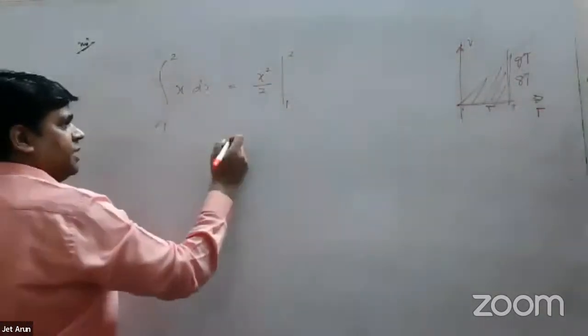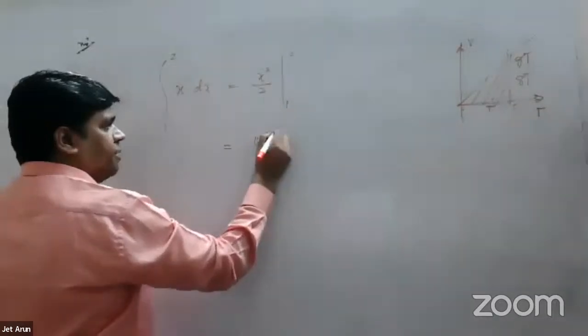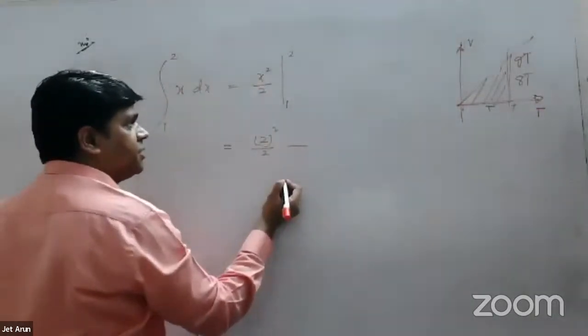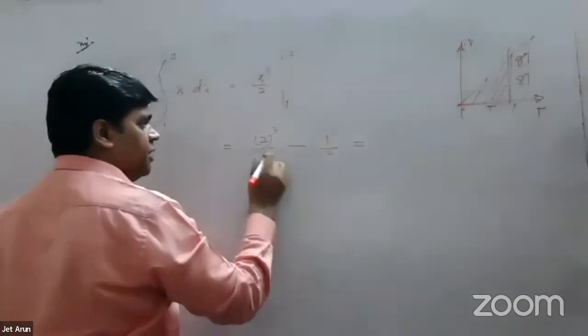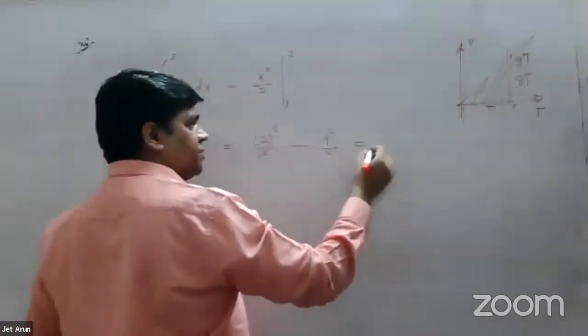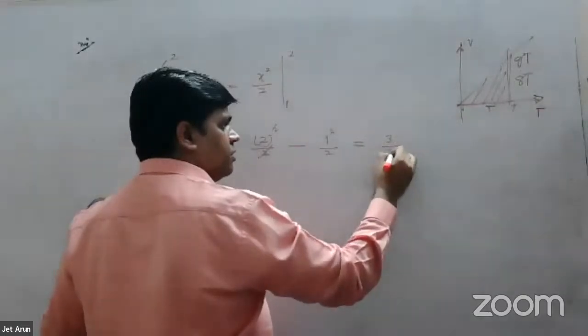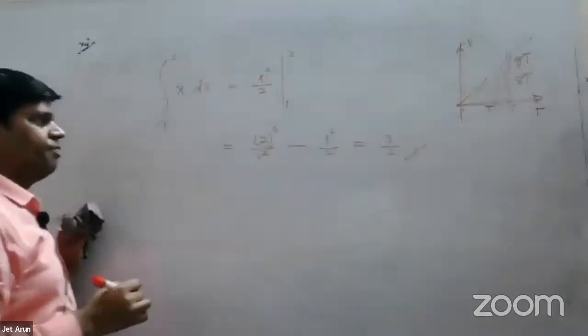So I substitute the upper limit first: 2 square by 2 minus, I substitute the lower limit, 1 square by 2, which gives me 2 minus 1 by 2, which is 3 by 2.